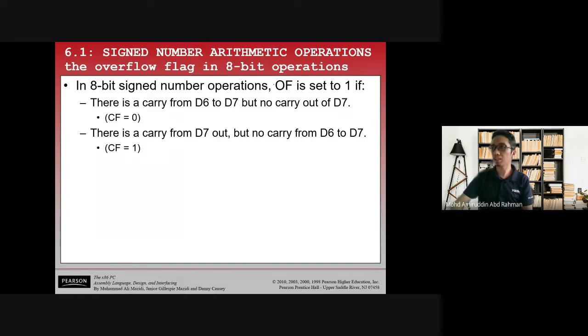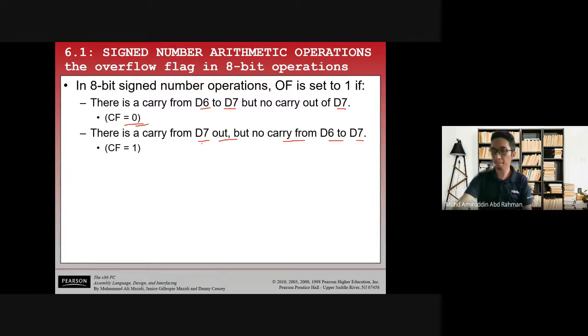In 8-bit signed number operations, OF is set to 1 if there is a carry from D6 to D7 but no carry out of D7. So over here, CF is 0. There is a carry from D7 out, but no carry from D6 to D7.